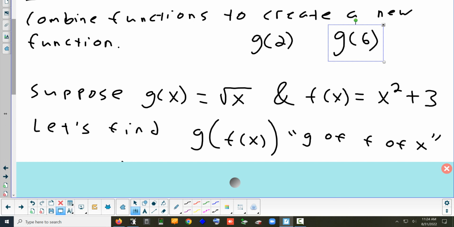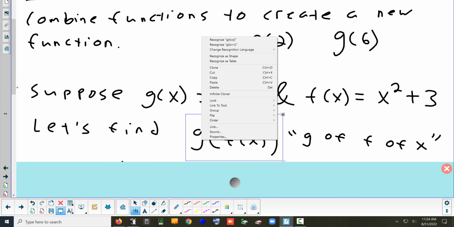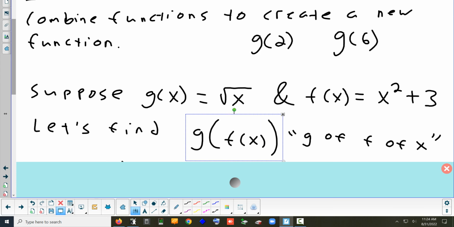Well, this means in the g function, everywhere you have a variable, put in f of x. So you're going to be replacing the variable in the g function with the formula x squared plus 3. The way you pronounce what's written here is g of f of x. It's just like you'd pronounce g of 6, g of 2, g of f of x.